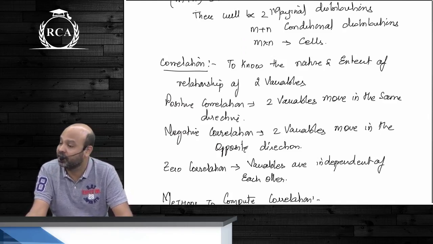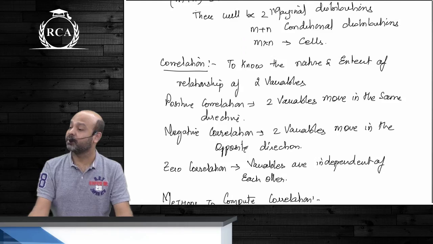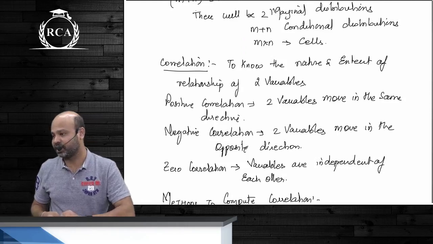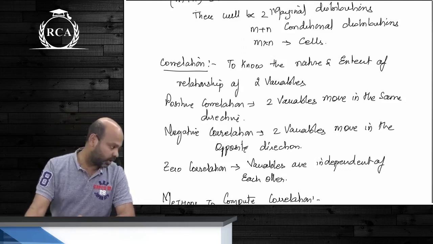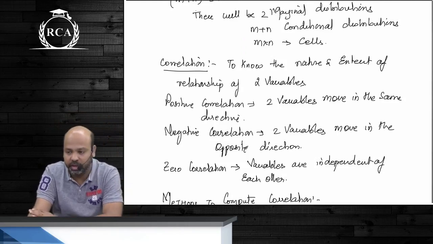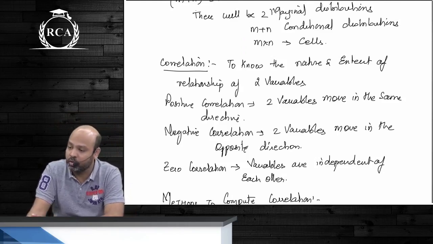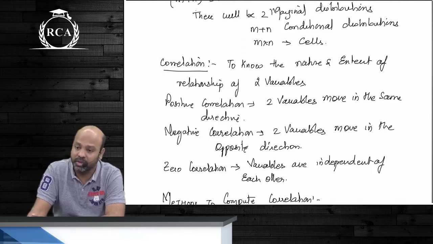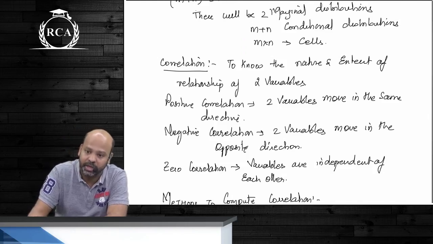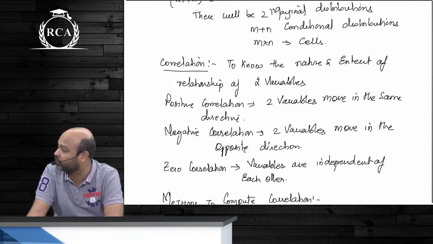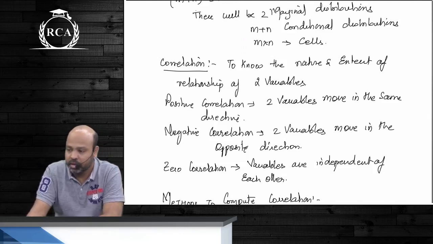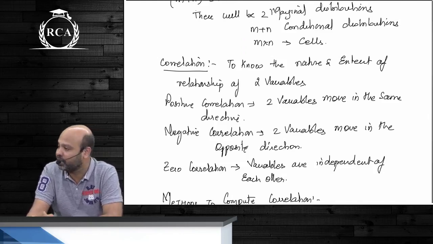If the relationship is negative, that means the variables will be moving in the opposite direction. An increase in one variable will result in a decrease in the other variable. If there is absolutely no relation between the variables, then they are known as disassociated or independent variables. This is where we term it as zero correlation. They have given the example of shoe size and intelligence.